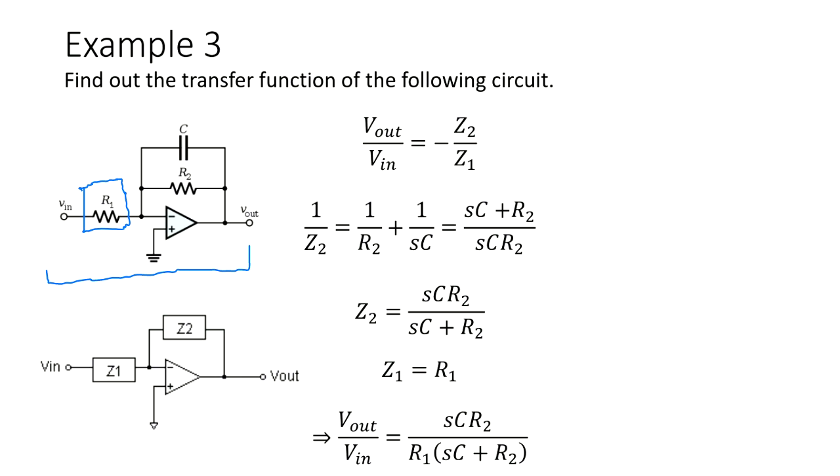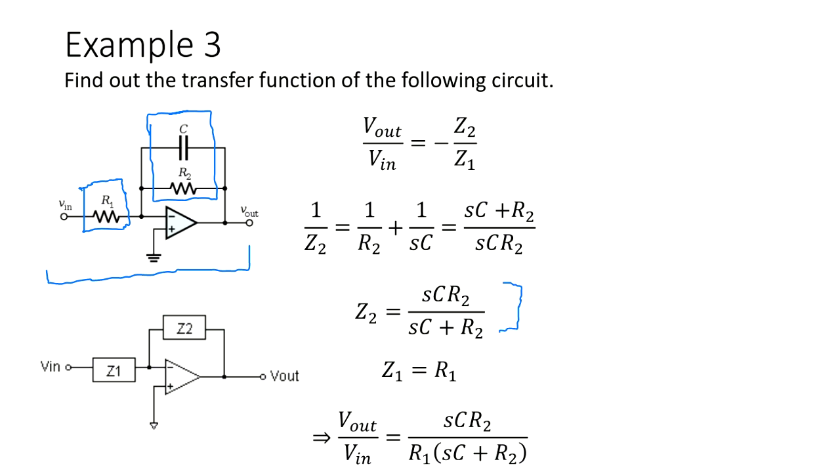This is Z2, which is R2 in parallel with 1 over SC, or it will be R2 over 1 plus SC R2.